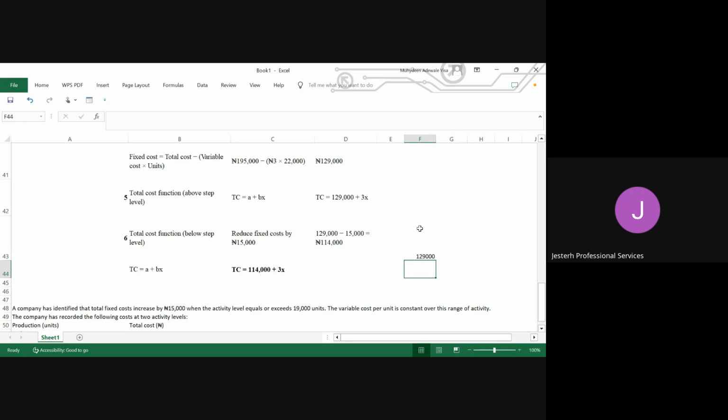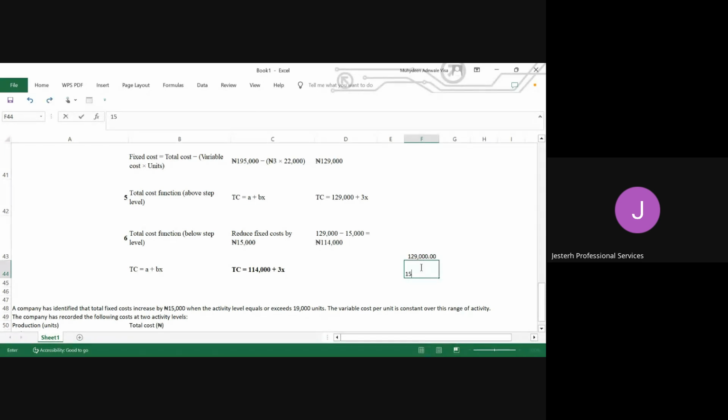Very simple. What we are going to do, we will just say the 129,000 for our fees cost if the level of activities increases, minus the budgeted fees cost that the organization has set if the level of activities increases to 19,000.